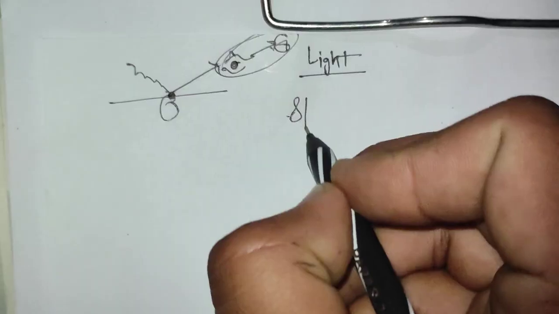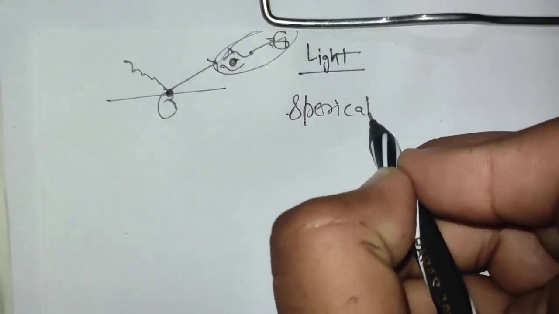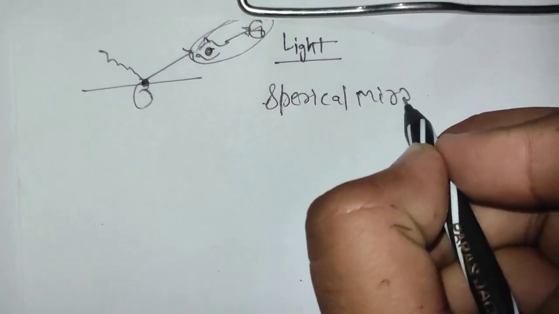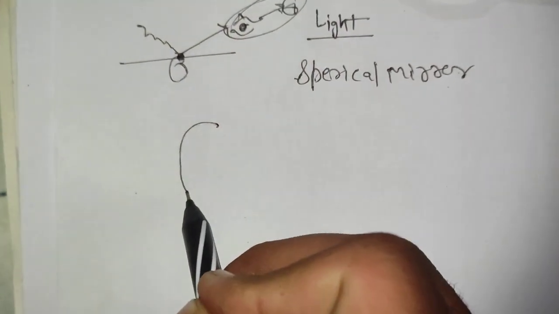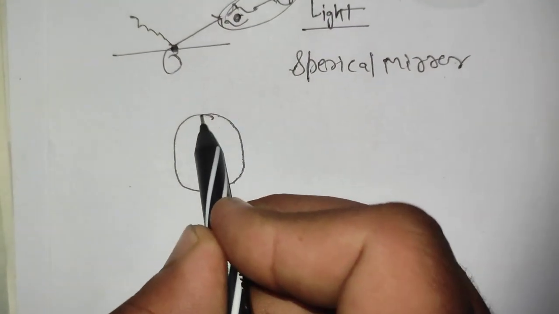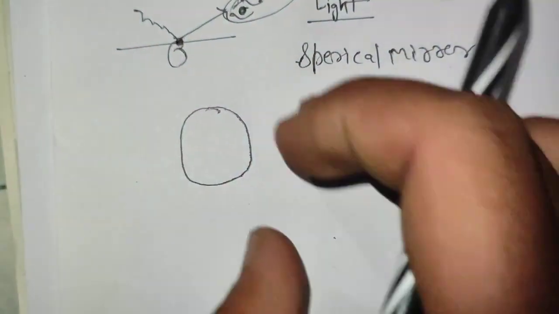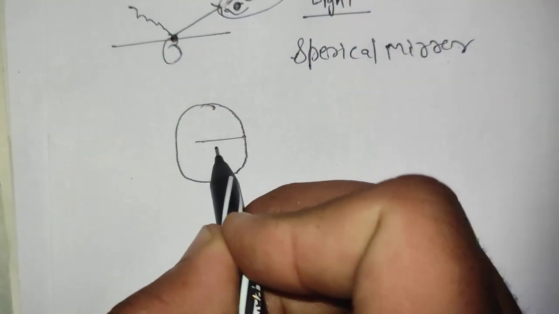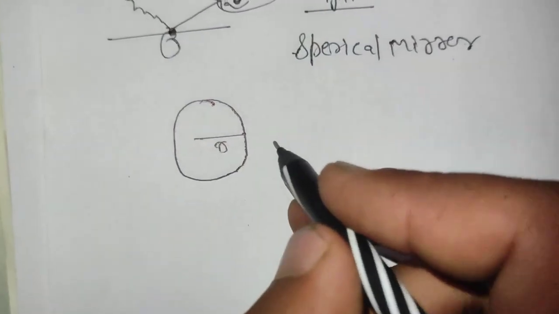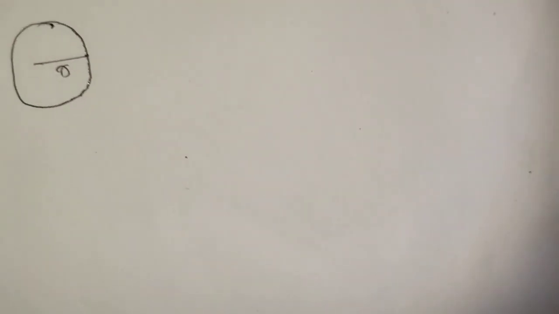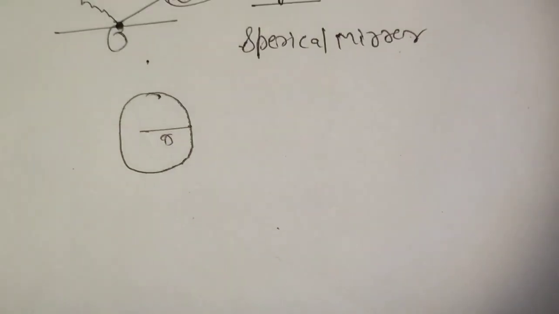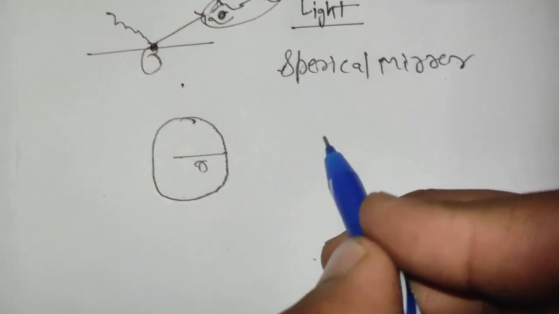Now, spherical mirror. Imagine you have a glass cutter and a sphere of radius r. This is the sphere.